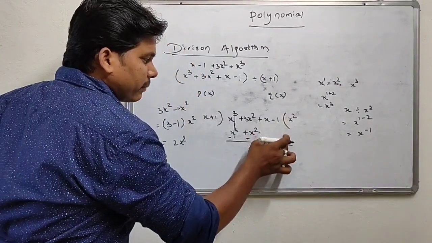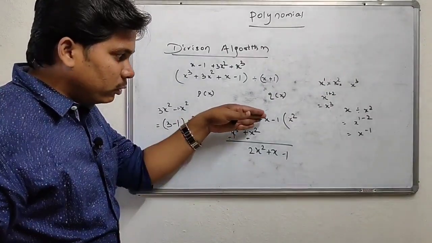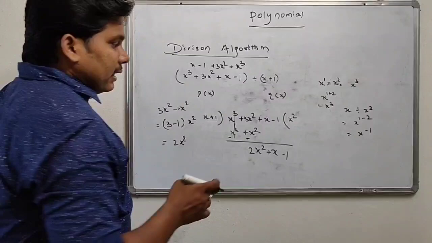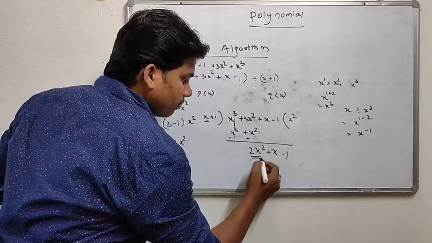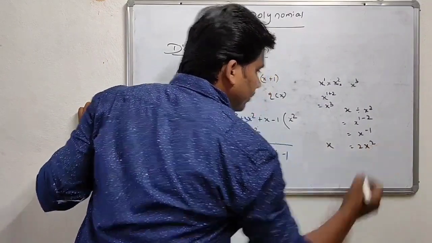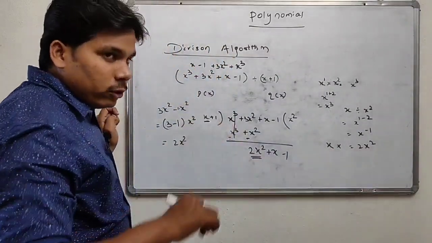Why is this 2x minus 1? As we know in the division, if there is no operation on a term, that exact value will come down. Now we will see this term with this term. See how x becomes 2x square. As we know earlier, we have to multiply here. What value do we have to multiply?